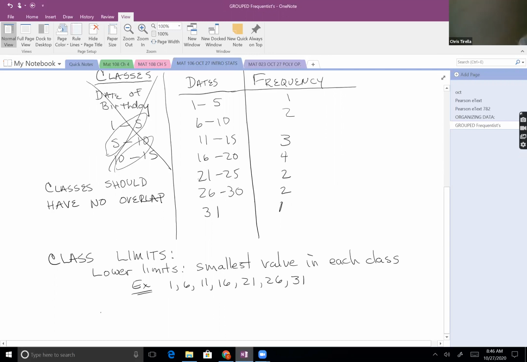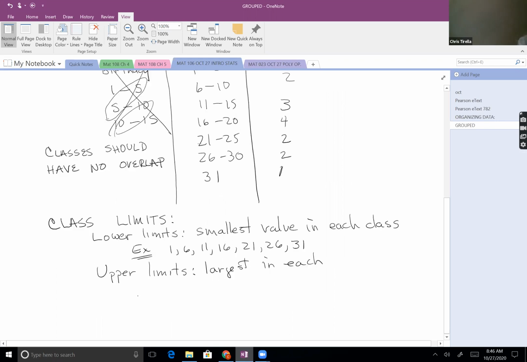We talk about the upper limits, which are the largest value in each class. From our table, our upper limits would be 5, 10, 15, 20, 25, 30, and I guess I'll put that 35 back in there.